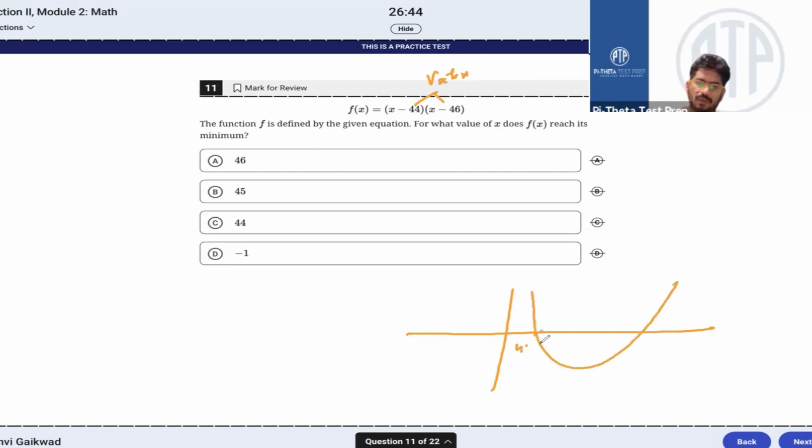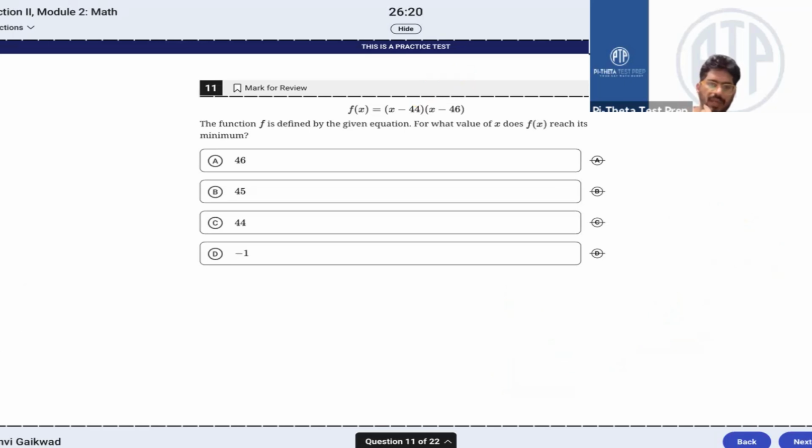If this is your 44 and this is your 46, your axis of symmetry will pass through both the points, and your x is nothing but x1 plus x2 upon 2 for the vertex. So 44 plus 46 upon 2 is 45. That is the middle of this. So your vertex, your minimum, is at 45. Okay, so we have the answer as option number B here.